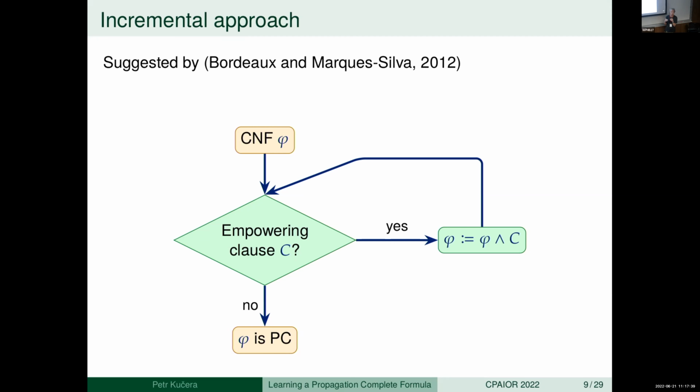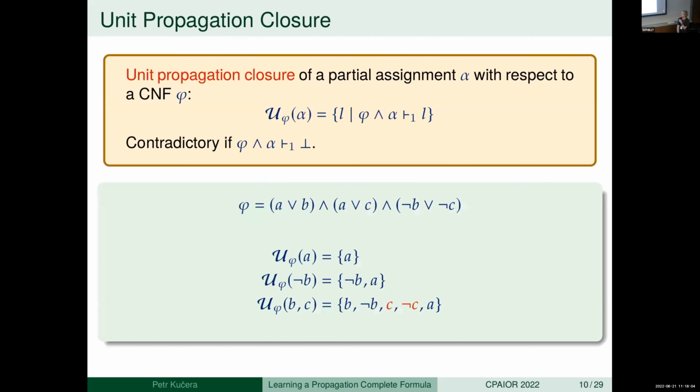Eventually, if we take all implicates of the formula, or only prime implicates, then we get a propagation complete formula. So the process stops at some point with a propagation complete formula. There is one obstacle: we need to be able to find an empowering implicate, right? So that's the incremental approach.